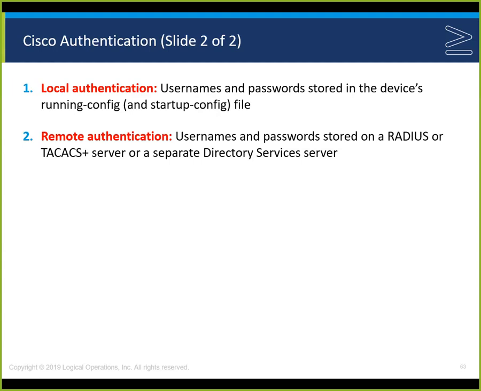With remote authentication, the usernames and passwords are stored on a RADIUS or a TACACS server, the local database on the server, which means that we can use that single sign-on, that single database, in order to authenticate to the multiple devices, and we don't have to go in and configure a username and password on each of the devices.